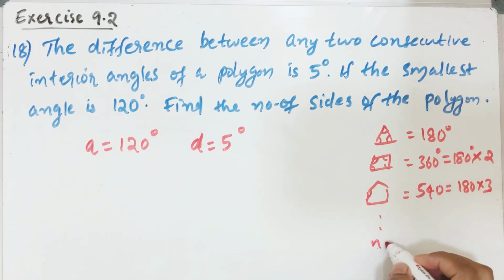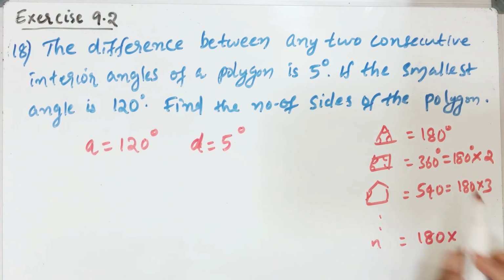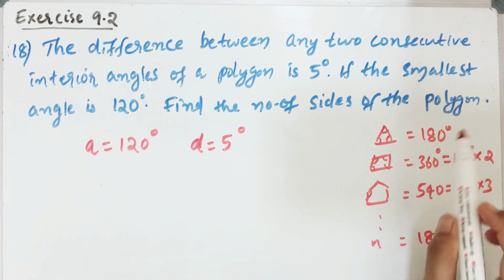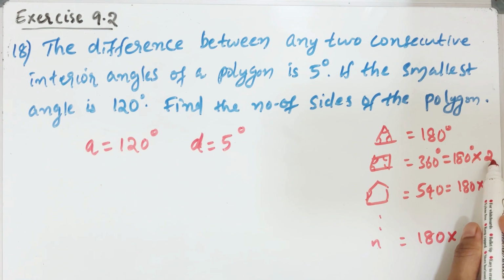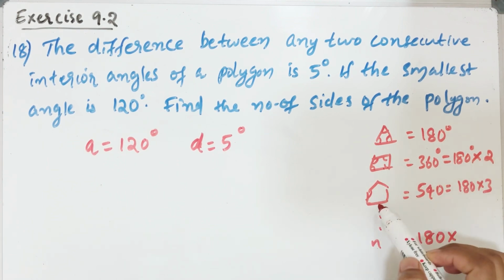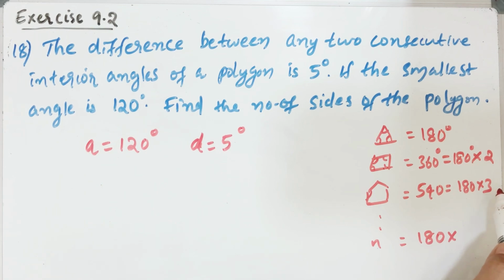So for n-sided polygon, here 3 sides, 180 into 1. Here 4 sides, 180 into 2, 4 minus 2. Here 5 sides, 180 into 3, 5 minus 2. So we can say 180 into n minus 2. This is sum of all interior angles of a polygon.